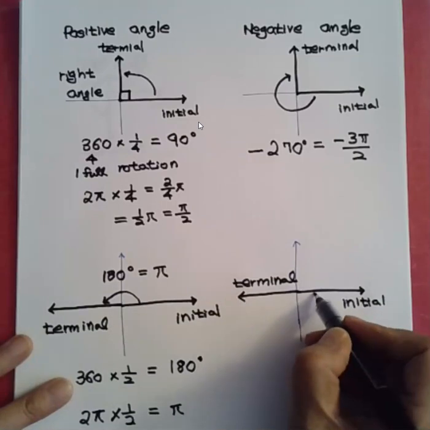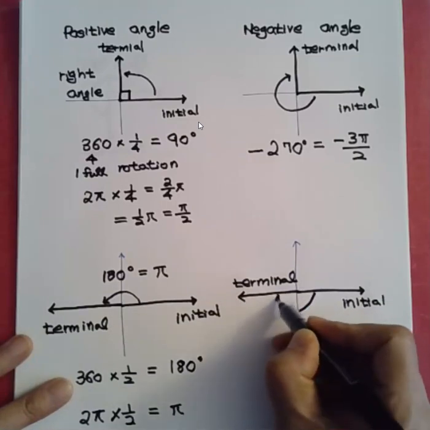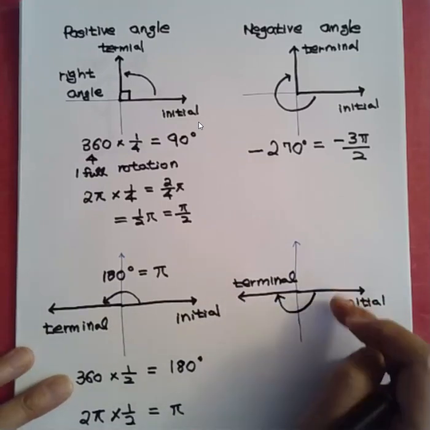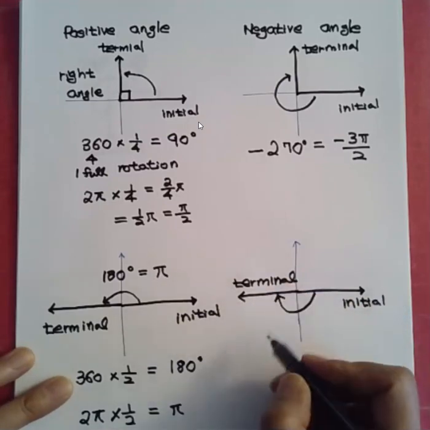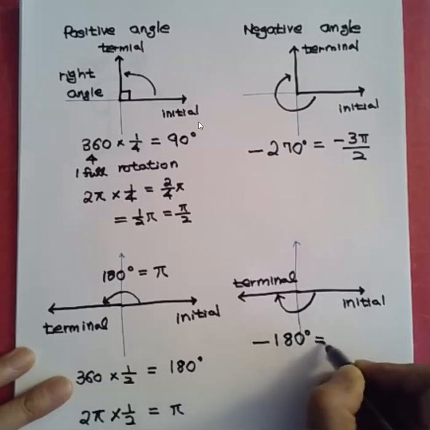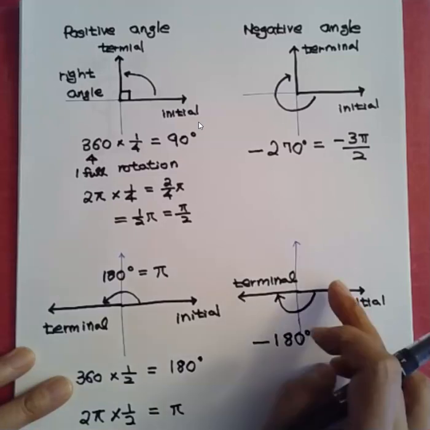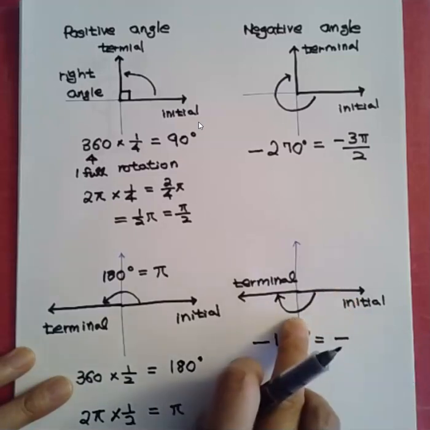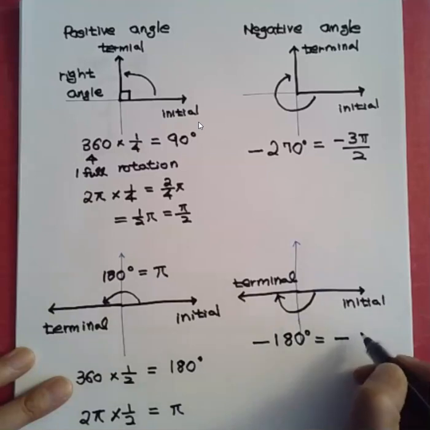But we rotate clockwise, then 90 degrees, 180 degrees, but that is a negative angle, so negative 180 degrees. And again, negative, so minus pi over 2 and minus 2 pi over 2. So that is minus pi.